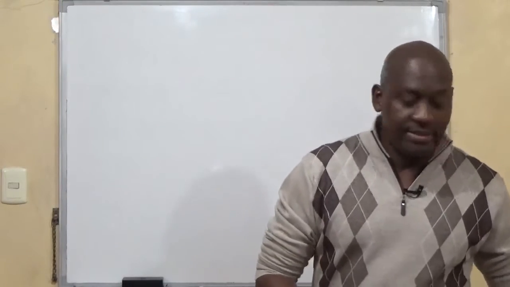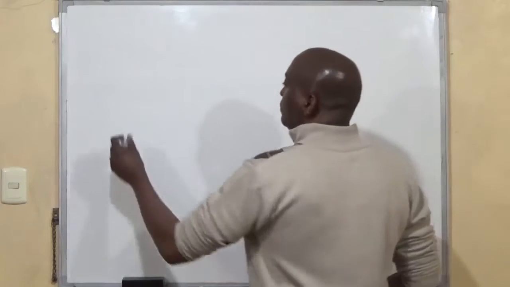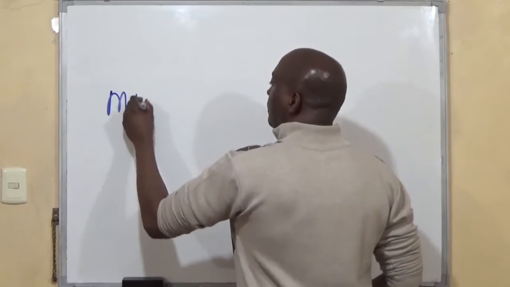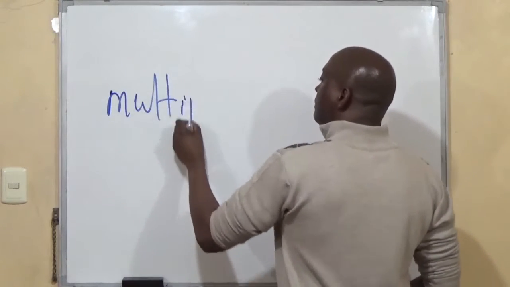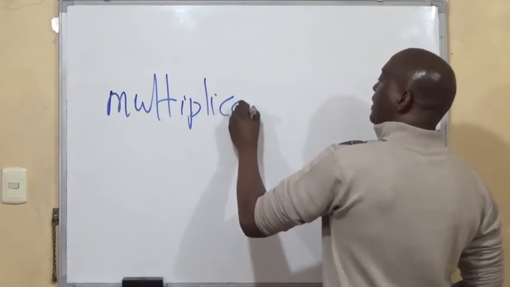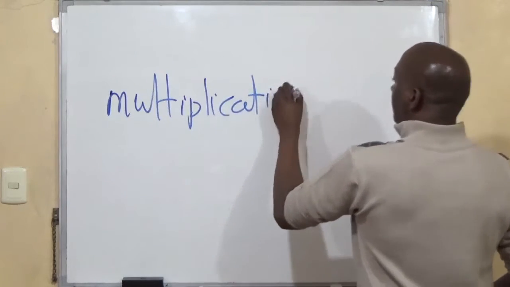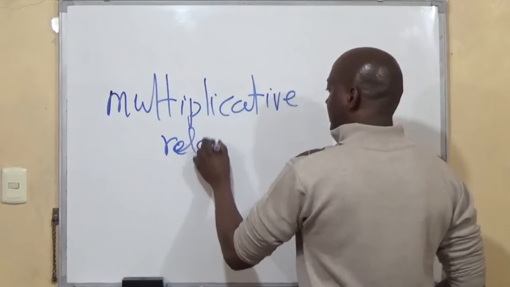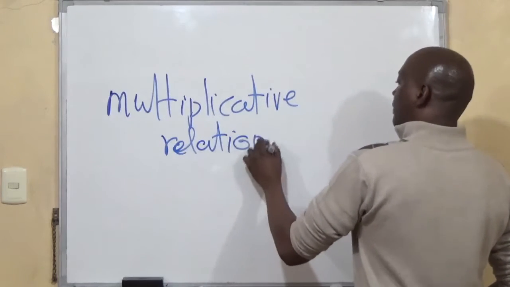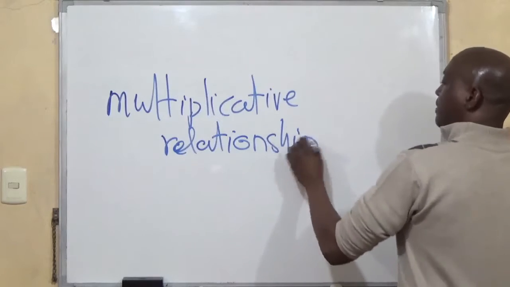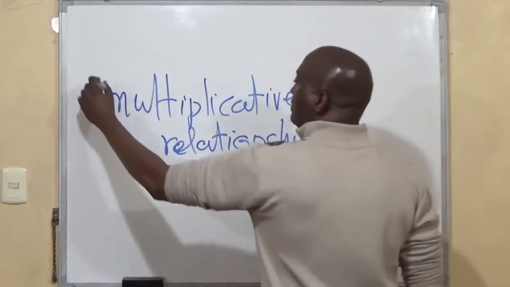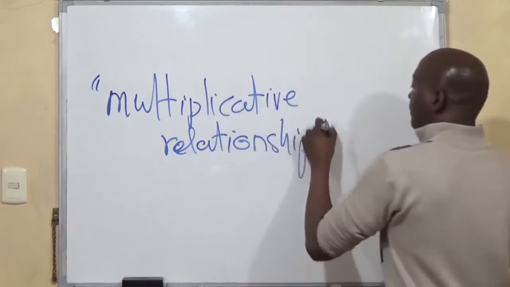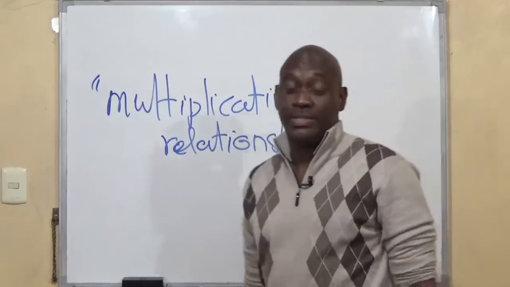So we bring in some vocabulary into the mix now. So in other words, there exists what we refer to as a, watch the word carefully now, multiplicative relationship, R-E-L-A-T-I-O-N-S-H-I-P. There exists a multiplicative relationship between the two denominators.